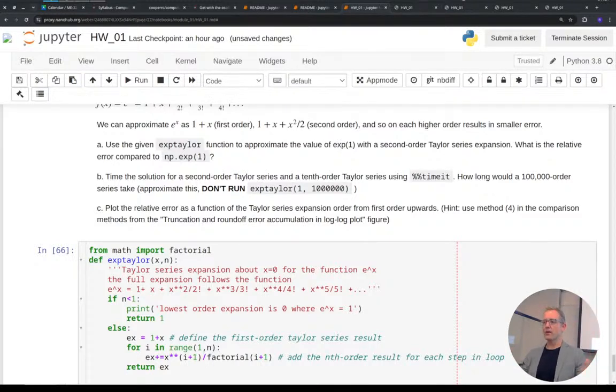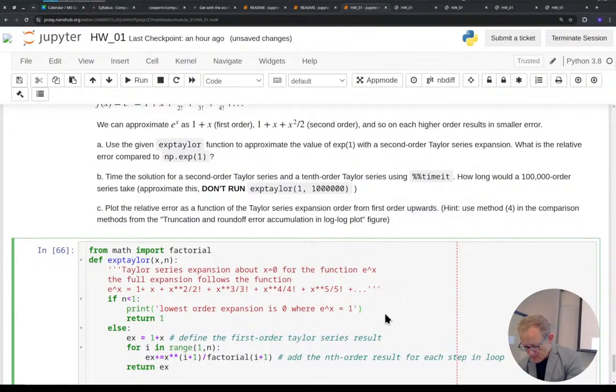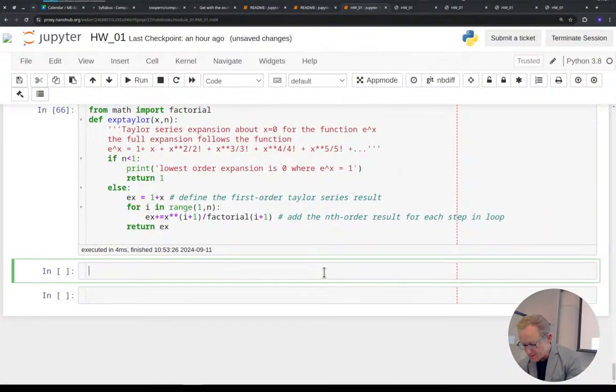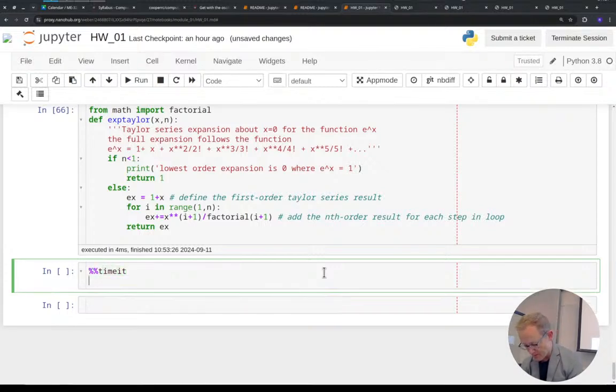But at some point, we're going to hit a limit because our computer can only store numbers so well. So 1 over 100,000 factorial is basically 0 to a computer. There's no difference. And there's an extra time cost to it. So let's figure out what that time cost might actually be.